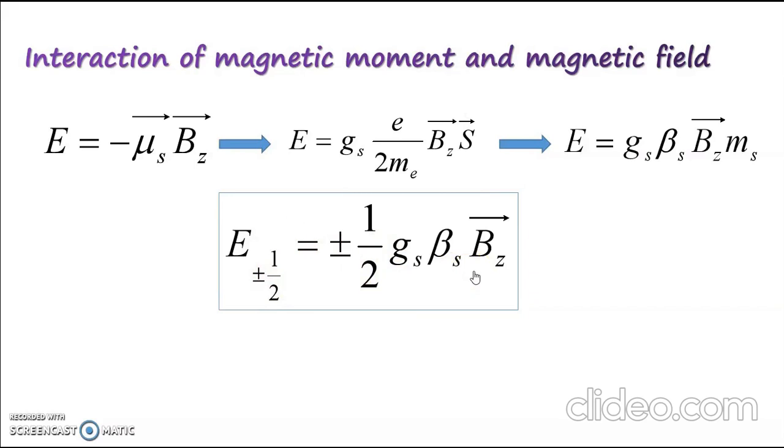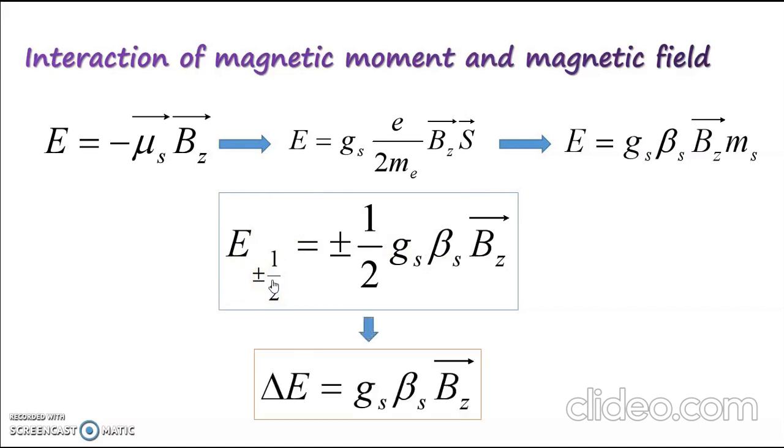Splitting of spin components in the presence of a magnetic field is the Zeeman splitting, and hence they are separated as one level upward and the other level downward, and there will be an energy difference.